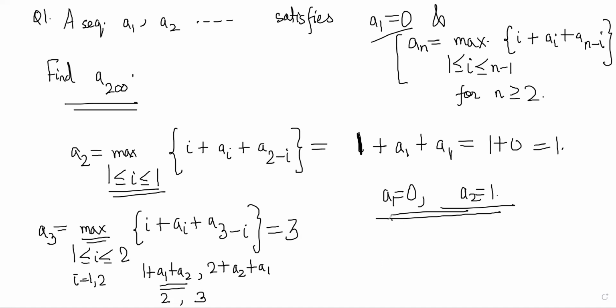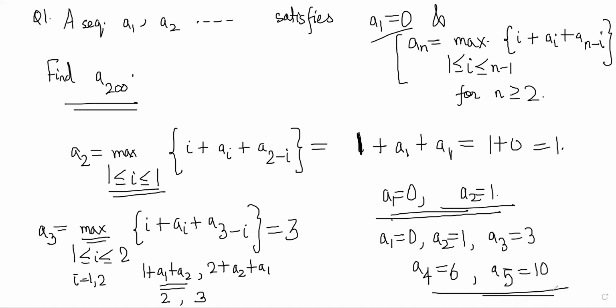So basically you can figure out the first few A_i's, right? A1 is 0, A2 is 1, A3 is 3, A4 comes out as 6, A5 comes out as 10. And using these values, you can sort of guess what the expression for A_n should be. You can try it yourself, and if you guess it correctly, the A_n expression should be n into n minus 1 by 2.